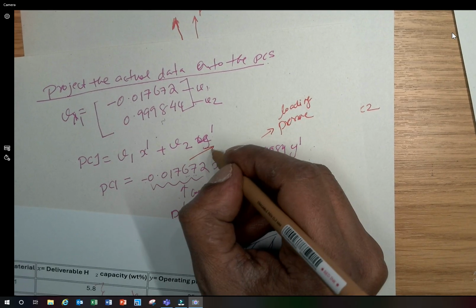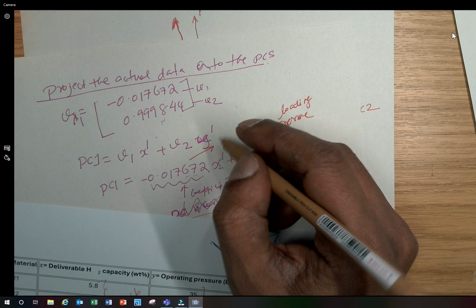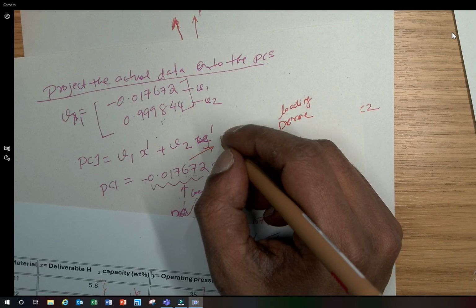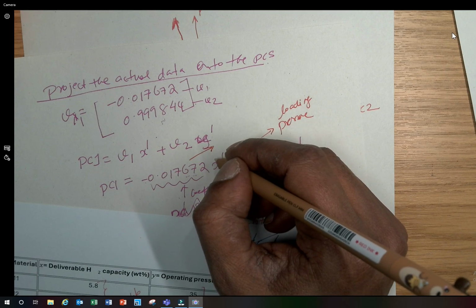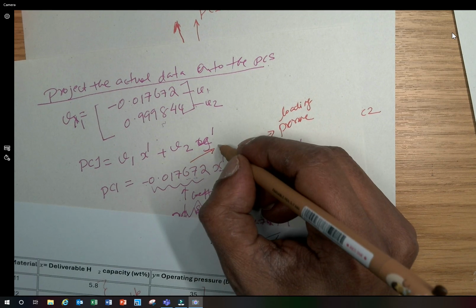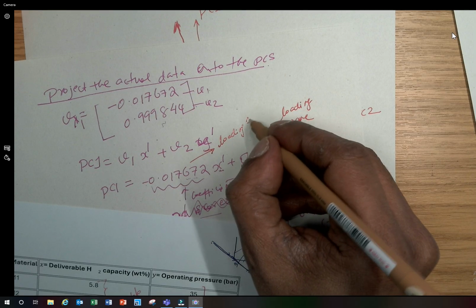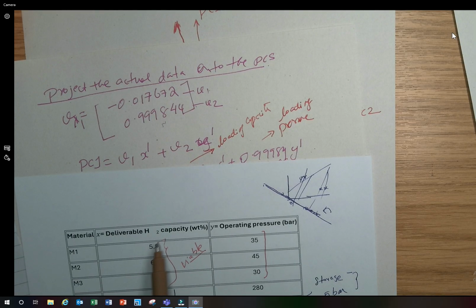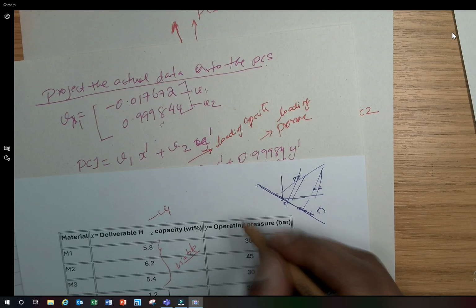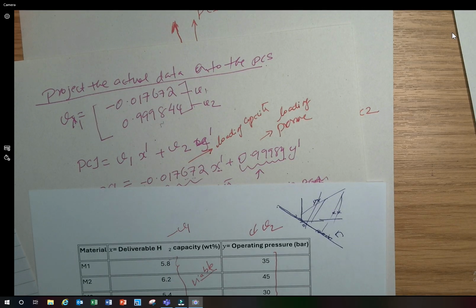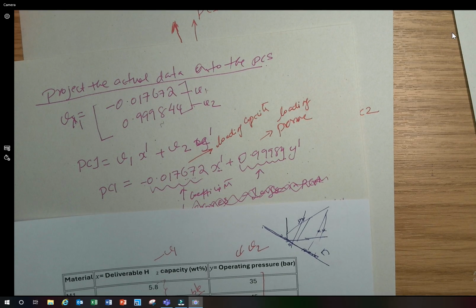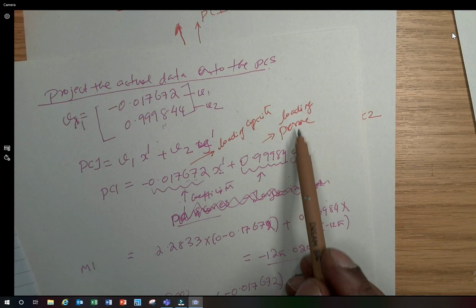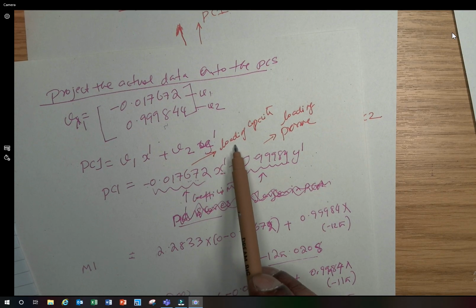This is a very difficult topic to be honest, but that's how we have to learn, try to understand and make sense out of the data. This is something you can correlate to the loading capacity or the deliverable capacity. So the first coefficient is related to the deliverable capacity, V1, and V2 is related to the operating pressure. The pressure coefficient is positive, and the deliverable capacity has a negative coefficient.